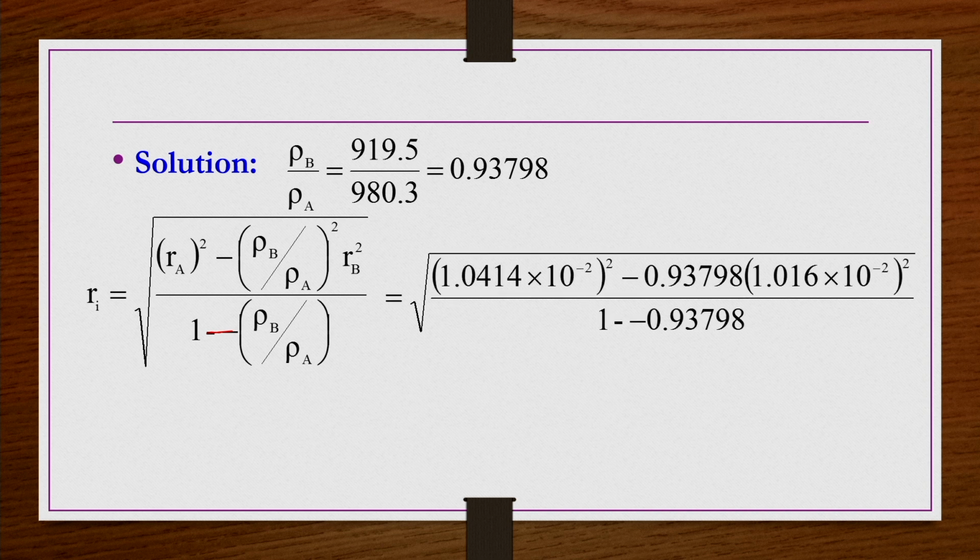Rho a, rho b, Ra and Rb values are given, so everything is known; substitute and simplify. Then the Ri location is going to be 1.36917 centimeters, that is approximately 13.7 mm.